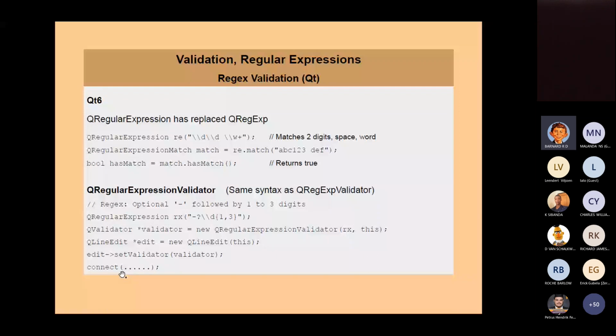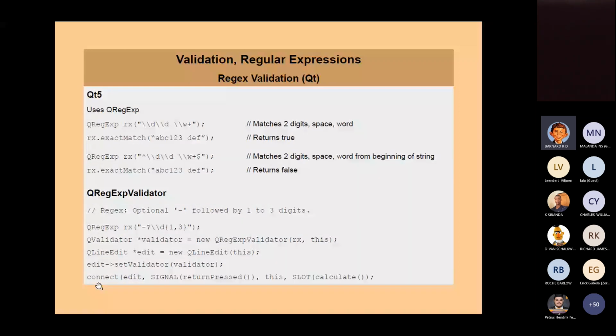Actually, I'm going to go back to this previous one because this code's basically the same. I'm just showing you the connect statement here. We've connected the returnPressed signal of QLineEdit, and then we've got a slot, in this example called calculate, and that's where we do something if our regular expression has matched.